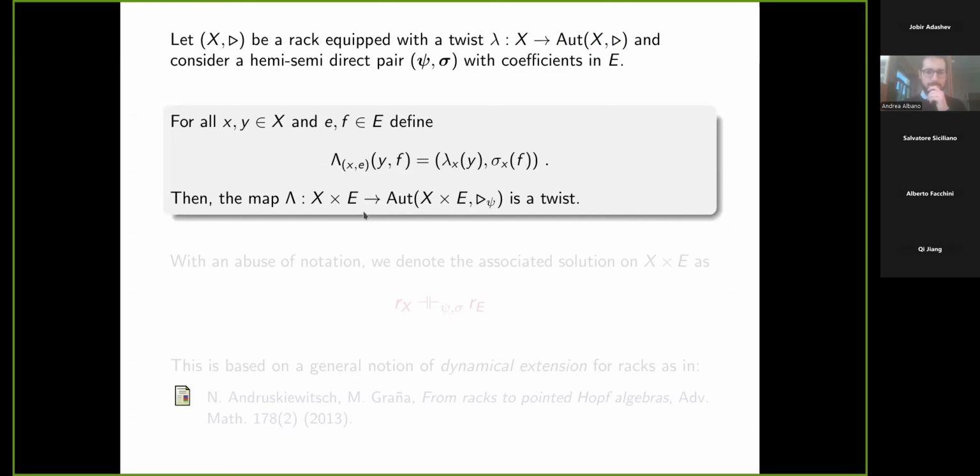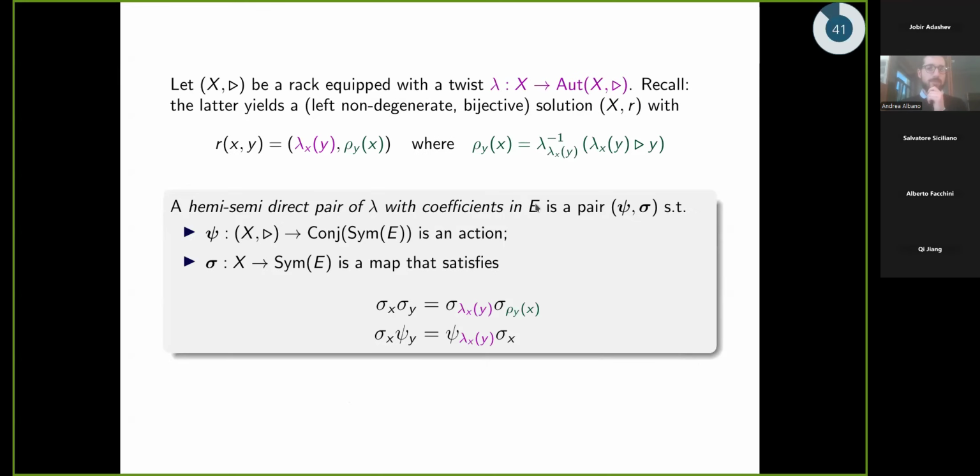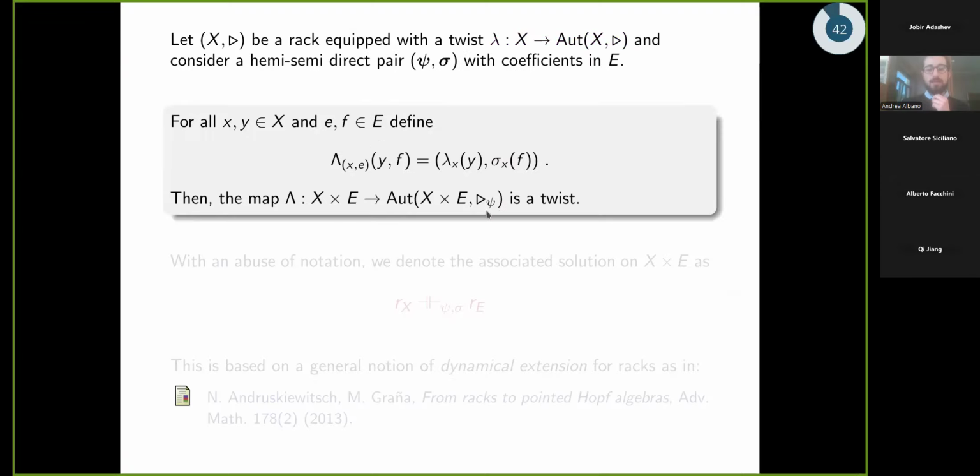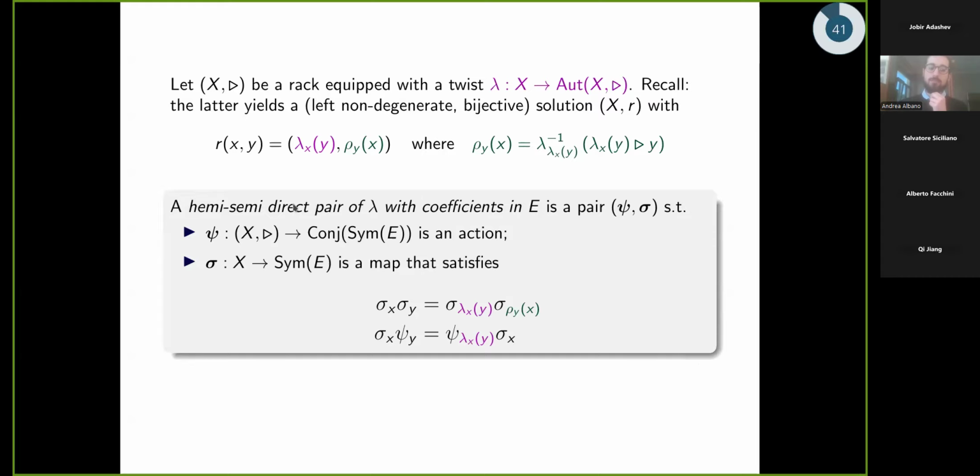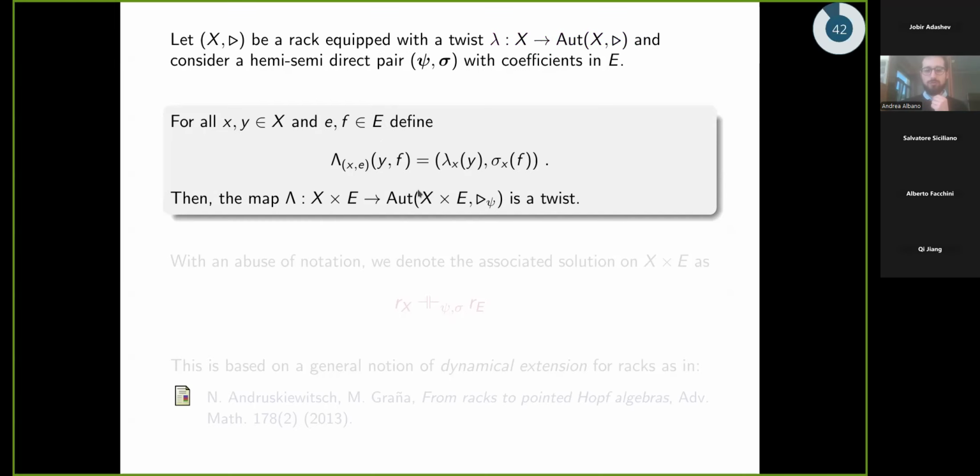So in a sense, when you have a hemi-semidirect pair of a twist lambda with coefficients in E, the first map psi of the pair basically allows you to construct the hemi-semidirect product of the rack, while the second map sigma basically allows you to construct the twist on the former structure.